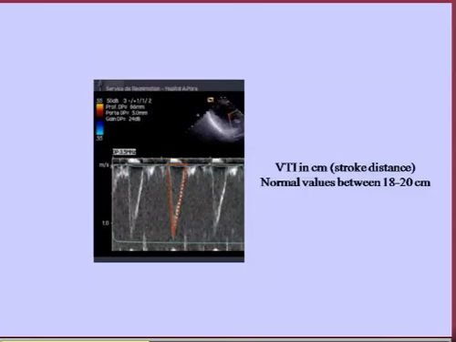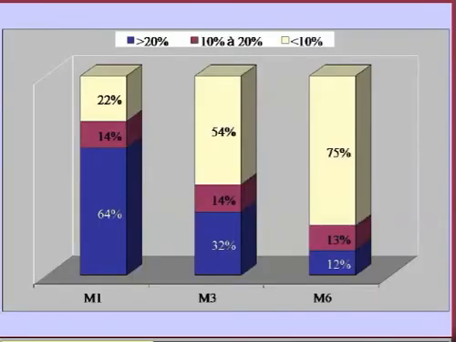And so you know that, of course, and we discussed this point yesterday, you can measure the stroke distance, and so you can calculate the left ventricular stroke volume using the Doppler technique. It's very simple and very accurate. And just to show you, our students, after 1 month of training, 3 months of training, 6 months of training, and you have the difference of measurements between the expert and the student regarding the left ventricular stroke volume.